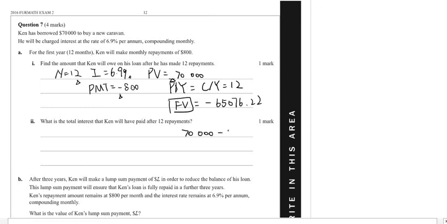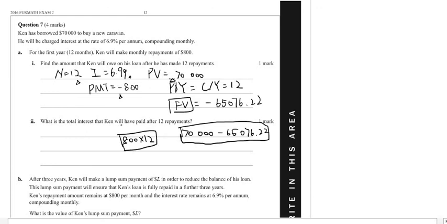So if we do that, it's 70,000 minus 65,076.22. So this is how much that Ken has paid out from the principal. But how much he has paid in total is $800 for 12 payments over here. So that's the total of repayments.